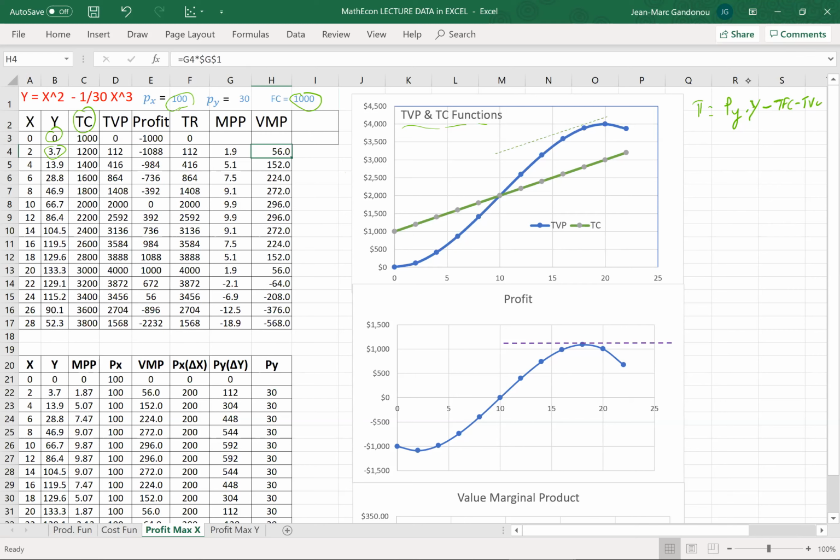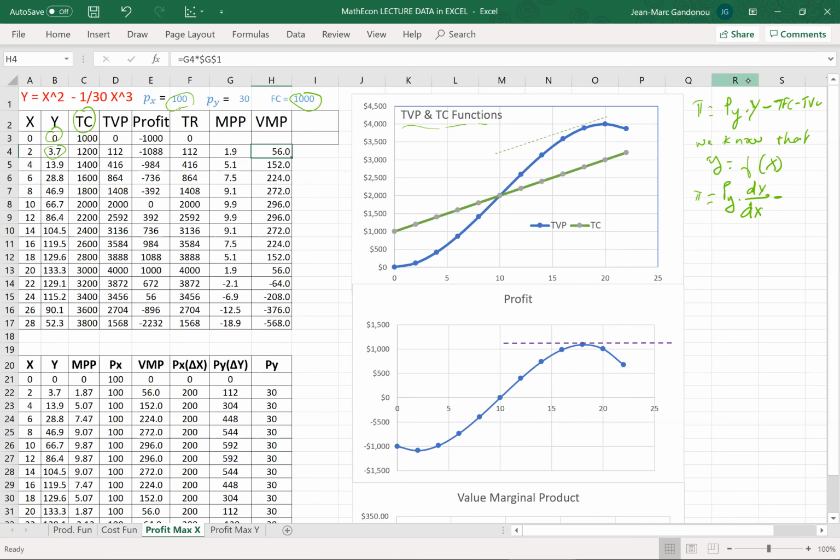So Y is a function of X, and so we can replace this Y by our function of X. We don't necessarily have to, but let's say profit is equal to the price of Y times the derivative, so basically the marginal physical product, dy over dx, minus total variable cost.